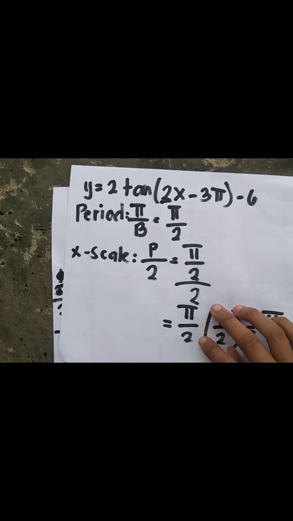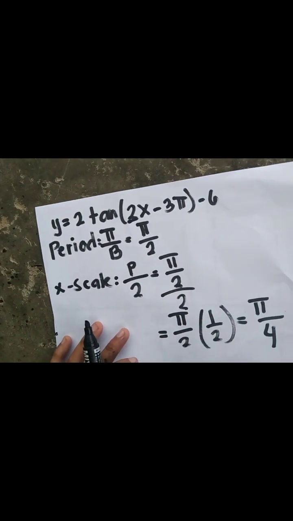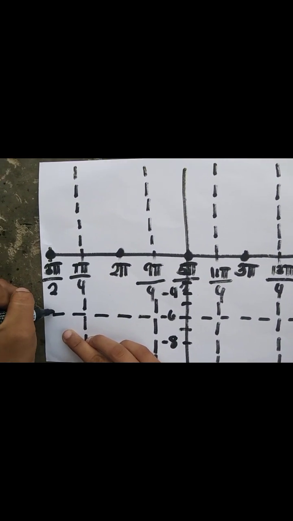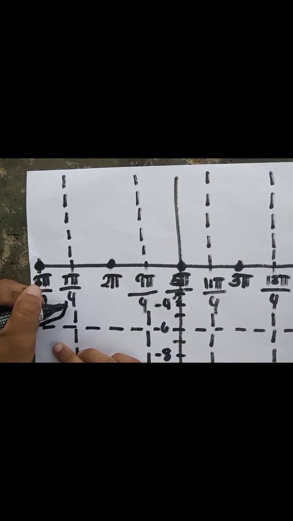Going back to our equation, our amplitude here is positive 2. So our graph should be like this. Starting point.